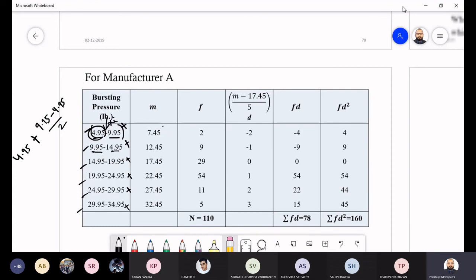Divided by 2, this is nothing but 2.5. So 2.5 you need to add to all the lower terms, and you'll get the middle point. So 4.95 plus 2.5, you're going to get 7.45.